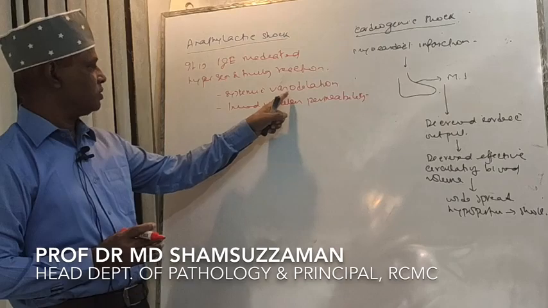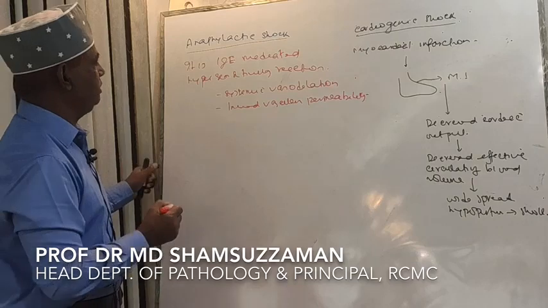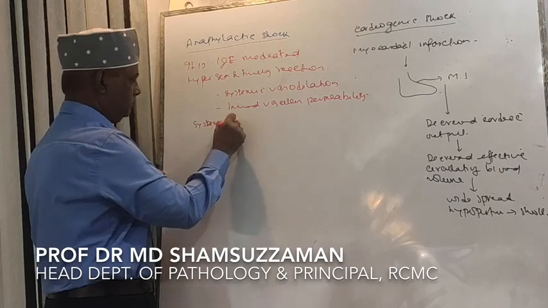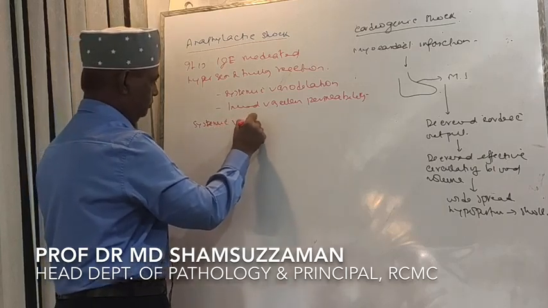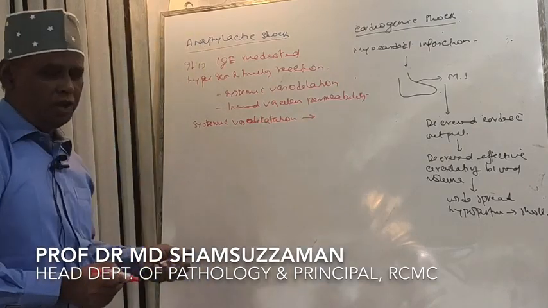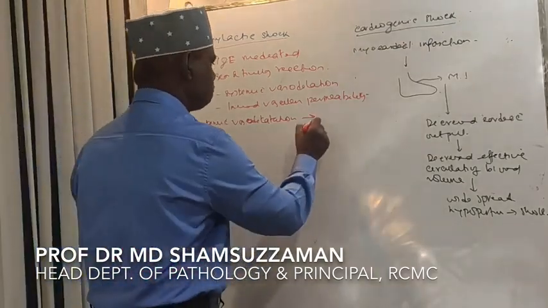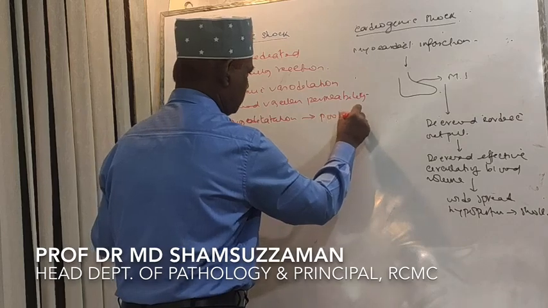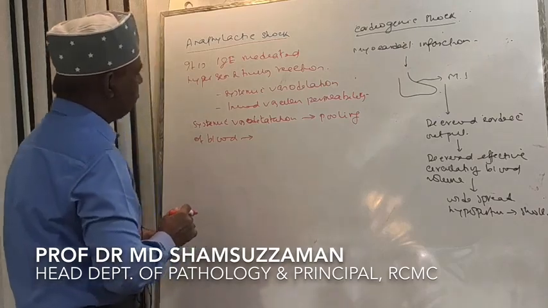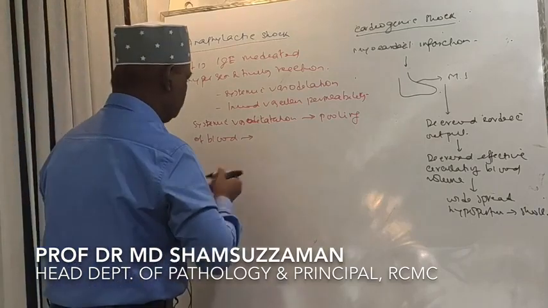How may this systemic vasodilatation and increased vascular permeability lead to shock? Now come to that point. Systemic vasodilatation: what will happen? There will be dilatation of the vessels, so there is pooling of blood. As there is pooling of blood following vasodilatation, there will be decreased cardiac output.